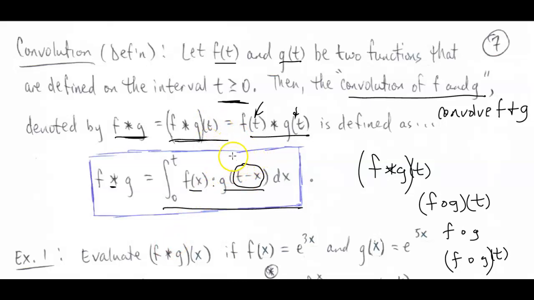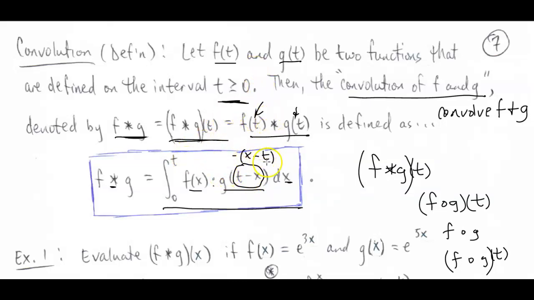And I say that because remember, t is a constant here. Since we're taking an integral with respect to x, any other variable that is not x is a constant. And so this t minus x here is actually minus x minus t.